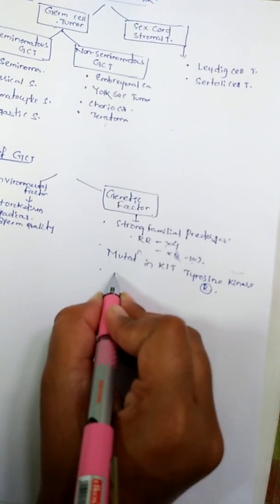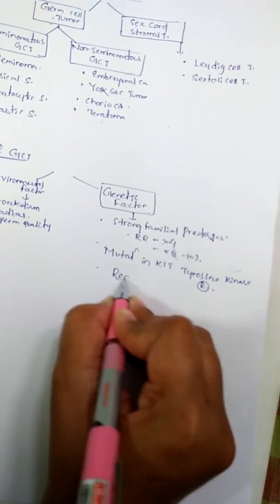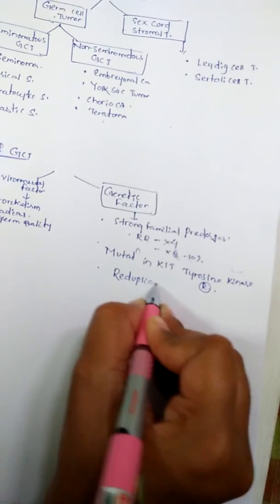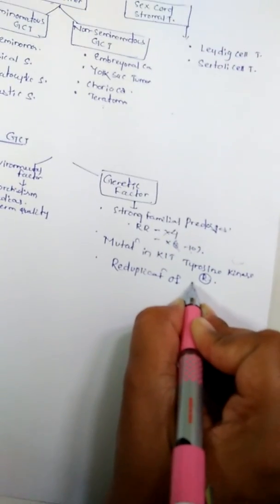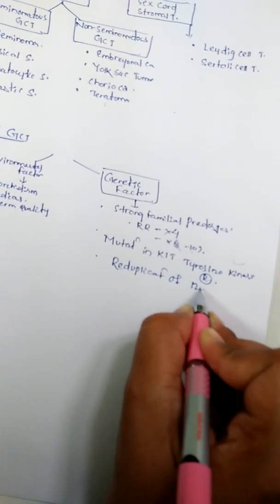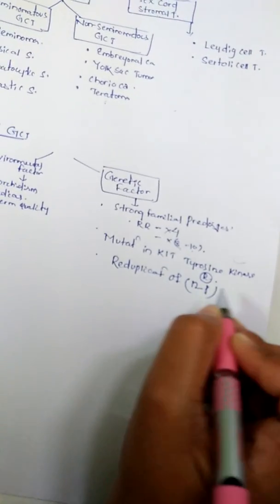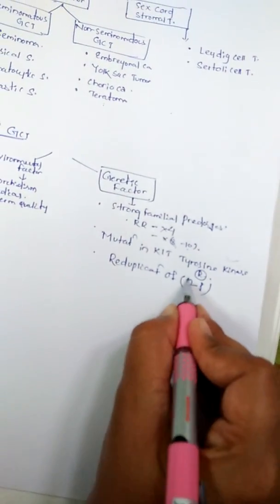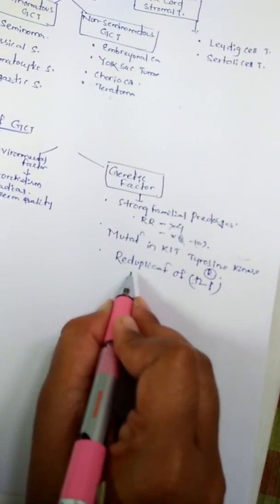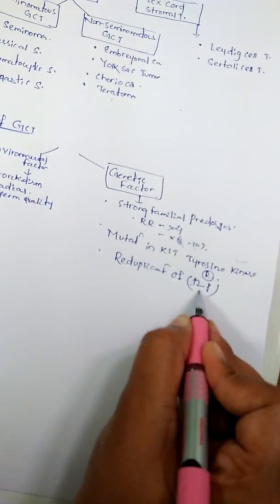And it is also associated with the reduplication of the short arm of chromosome number 12. Short arm, you have to remember, is P, and the long arm is Q. It is just the reverse. So it is associated with the reduplication of chromosome number 12.